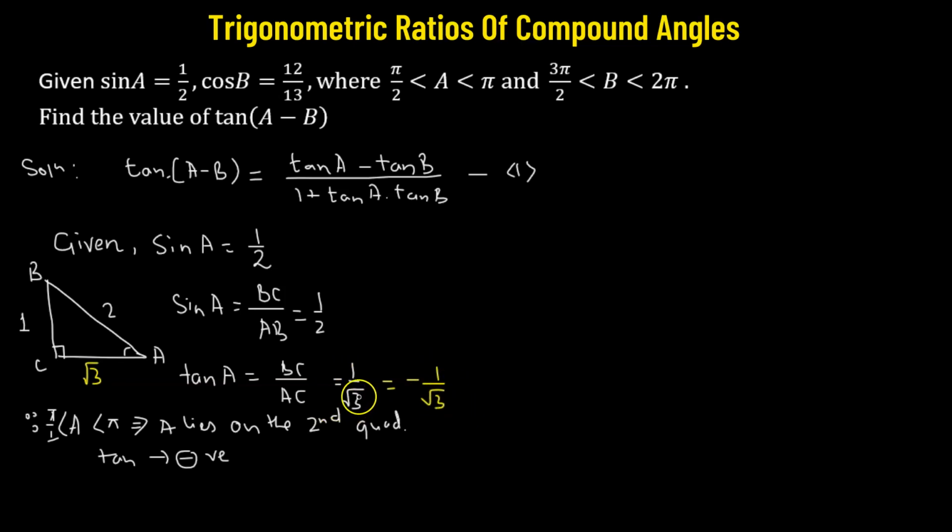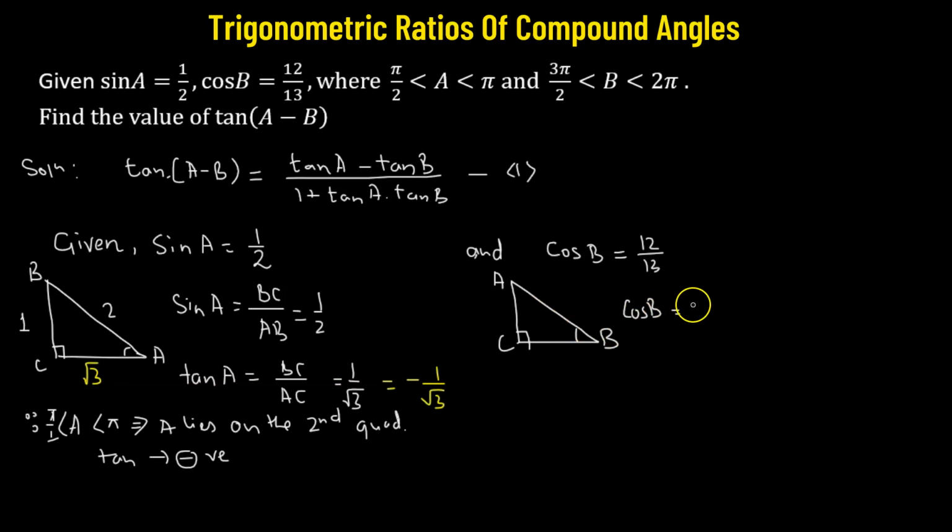We have now the value of tangent of A. So next we'll try to find the value of tangent of B. Here we're also given the value of cosine of angle B, which is 12 over 13. Now we're going to construct a new right angle triangle ABC, right angled at angle C. Cosine of angle B, according to this new triangle, is the base BC over the hypotenuse AB.